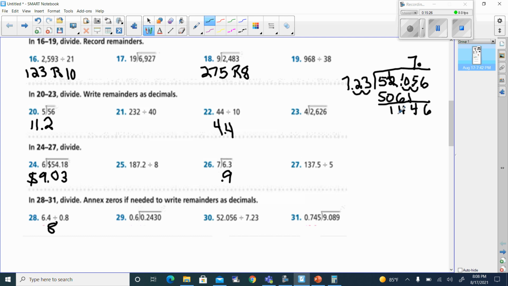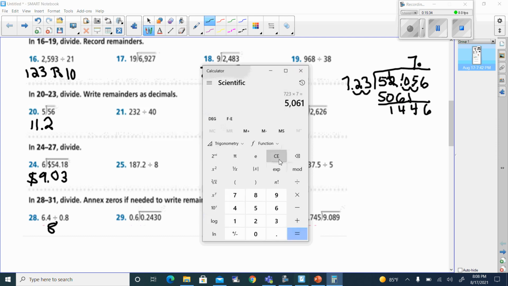1,446. Again, we can say, well, 7 times 2 is 14. So maybe we can go ahead and say this would be multiplied by 2. Let's try it. Now we'll take 723 and multiply it to 2. That's going to give us 1,446. Hey, look how nice that worked out.